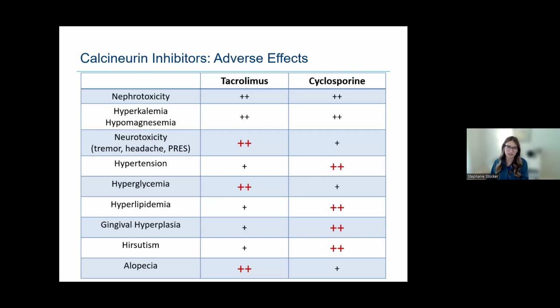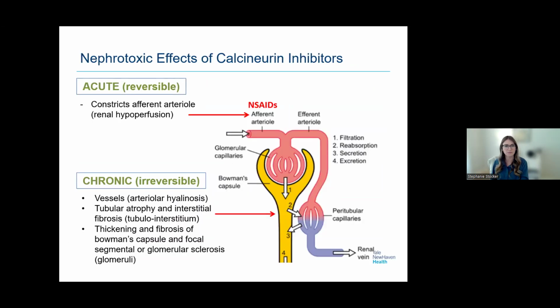Tacrolimus is really known for its neurotoxicity, hyperglycemia, much more post-transplant diabetes, and alopecia. And cyclosporin is known for its hypertension, its hyperlipidemia, gingival hyperplasia, and hirsutism. So some similar side effects, but also quite a few differences.